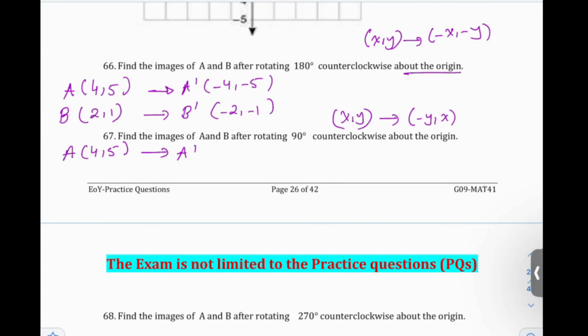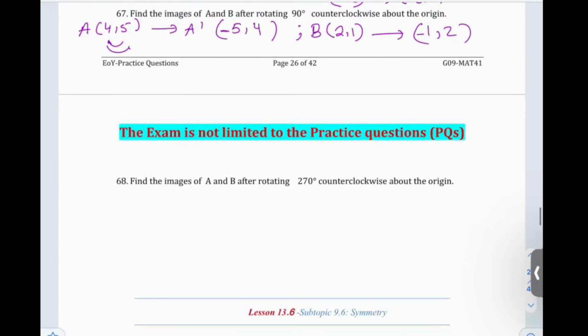They are exchanging x and y, and then flipping the sign of the first coordinate. So first, I will flip those, so it will be (5, 4), and then I'll change the sign of the first one. Now let's see B. B was (2, 1). So I will first flip the locations, then flip the sign of the first coordinate. This is how we deal with that.